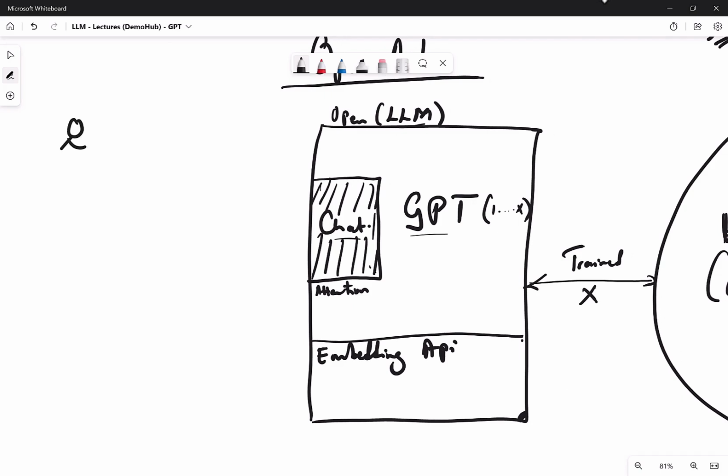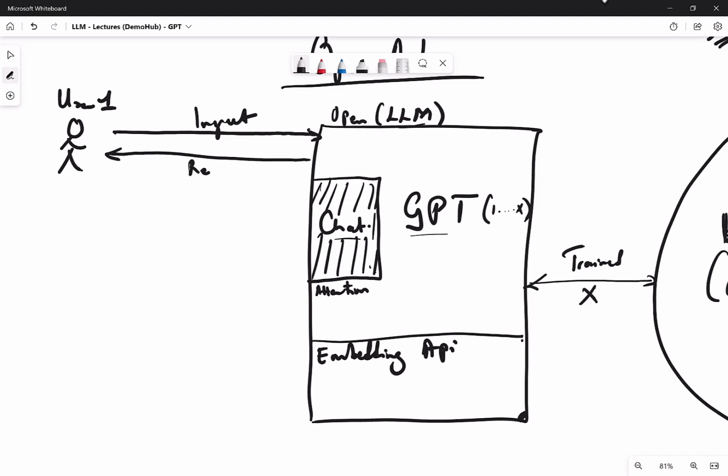Let's think about the different scenarios. A user on the right sends an input. This input could be a query. The GPT API will give a response back. Very typical scenario. This is what folks used to use. I used this quite a bit before the chat experience came. This was going directly to the GPT API, putting in your questions and getting a response.